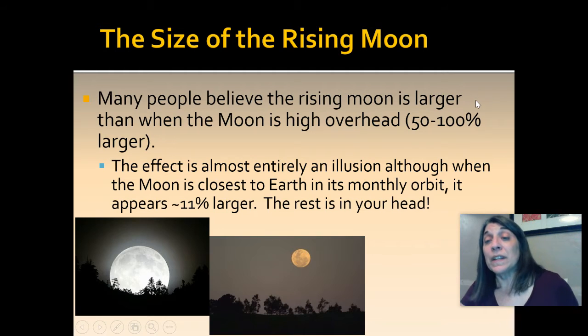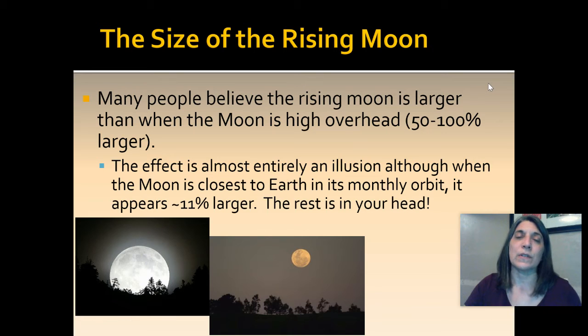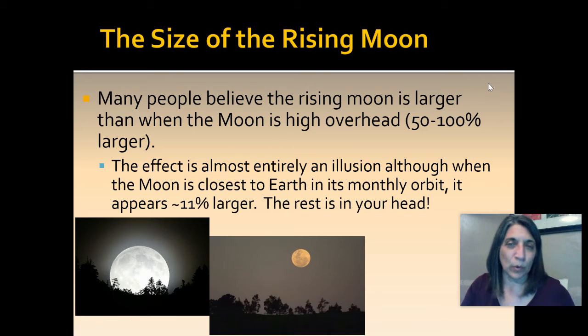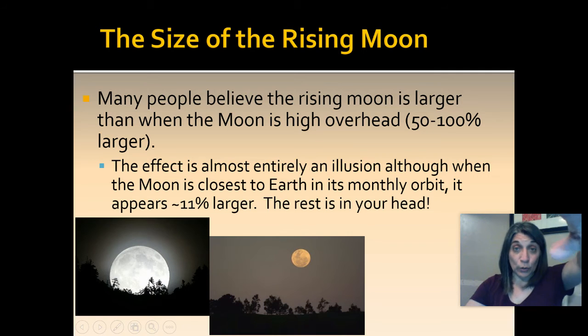Okay, so the last thing we need to talk about, and I think this is already actually in your notes, you don't even need to write it down, so this is a chance for you to just try to absorb. Many people believe that the rising moon is larger than when the moon is higher overhead. So people feel like when the moon is rising and it's lined up with the horizon and you're looking out at it, it seems to be larger than when it's high up in the sky.